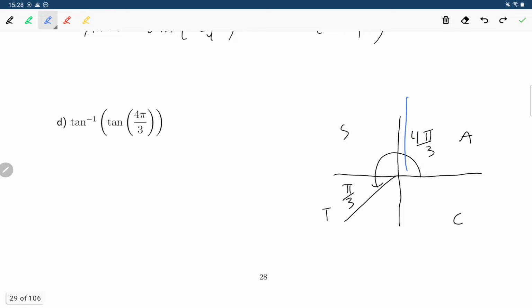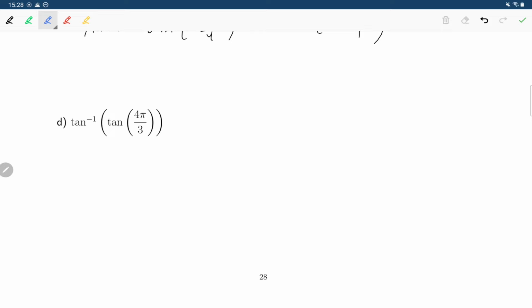And it has to have the same reference angle as our given angle, which is pi over 3. So our angle must be pi over 3. So tangent inverse of tangent of 4 pi over 3 is pi over 3. And this I know since tangent of 4 pi over 3 is equal to tangent of positive pi over 3.